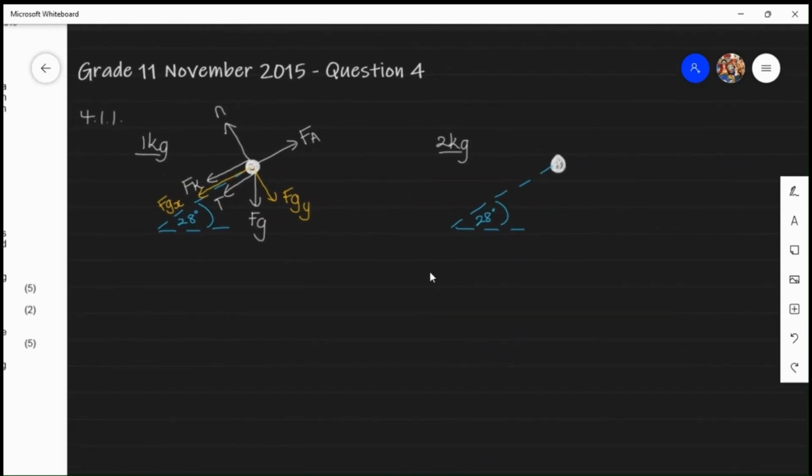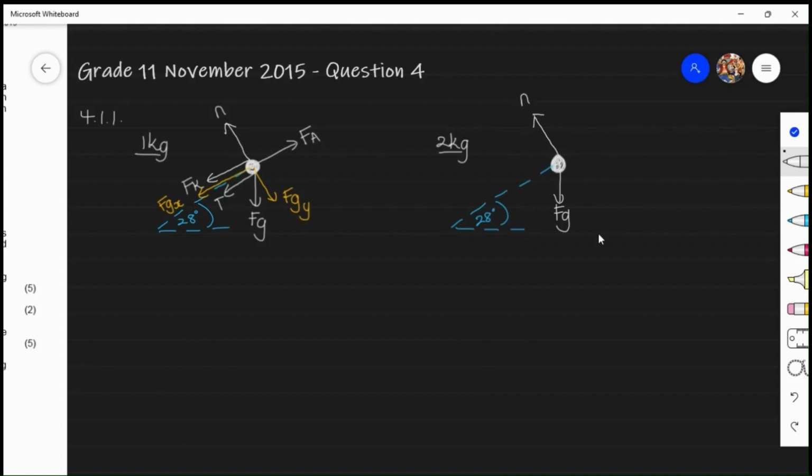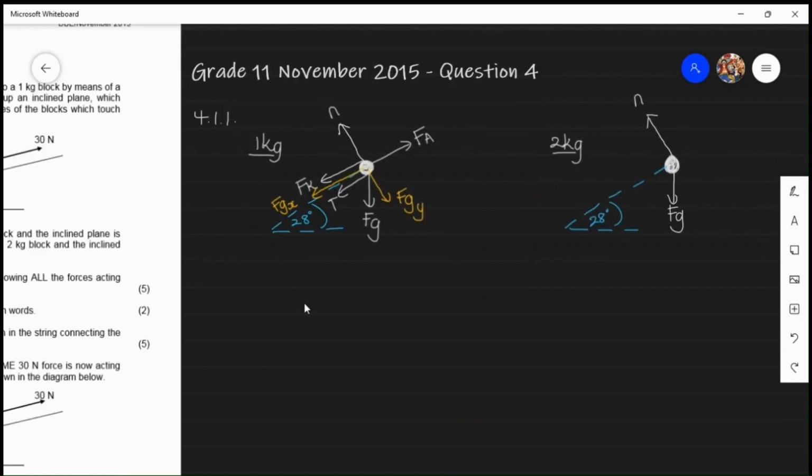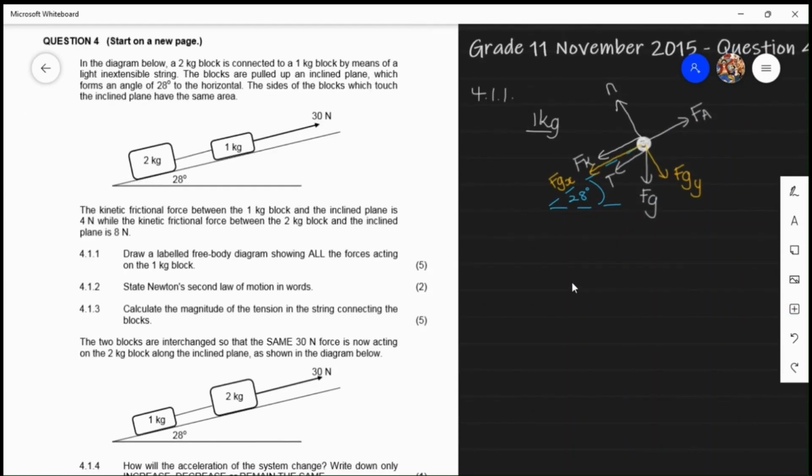So that's 2 forces that we've accounted for so far. Our question then states, while the kinetic frictional force between the 2 kg block and the inclined plane is 8 newtons.